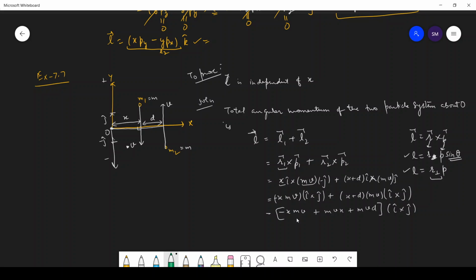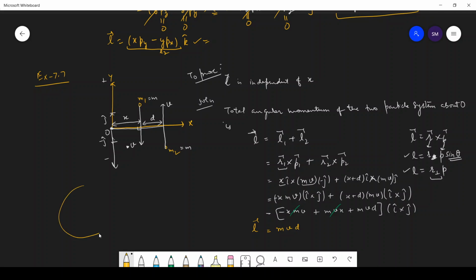So this cancels out, and you are left with the angular momentum of the system equal to m v d, and what is i cap cross j cap?